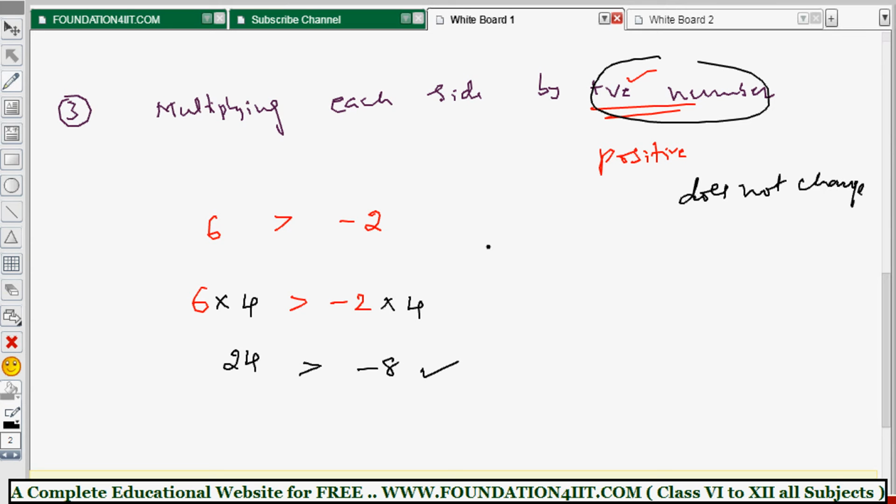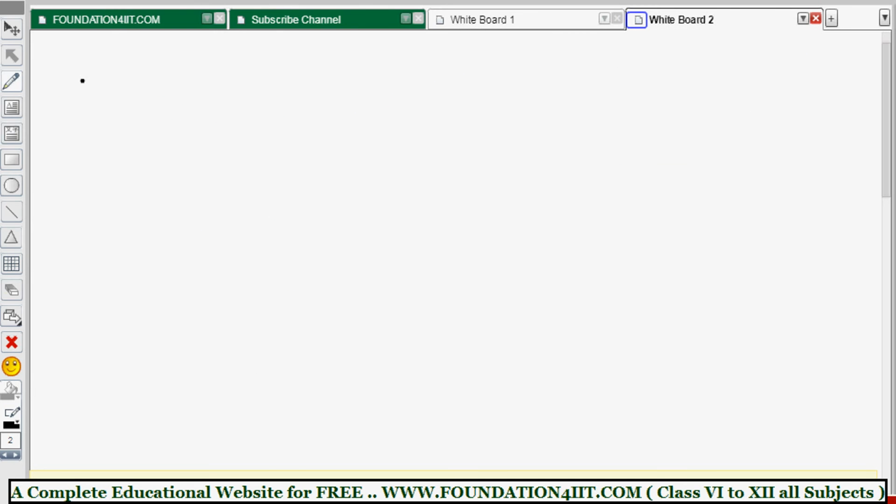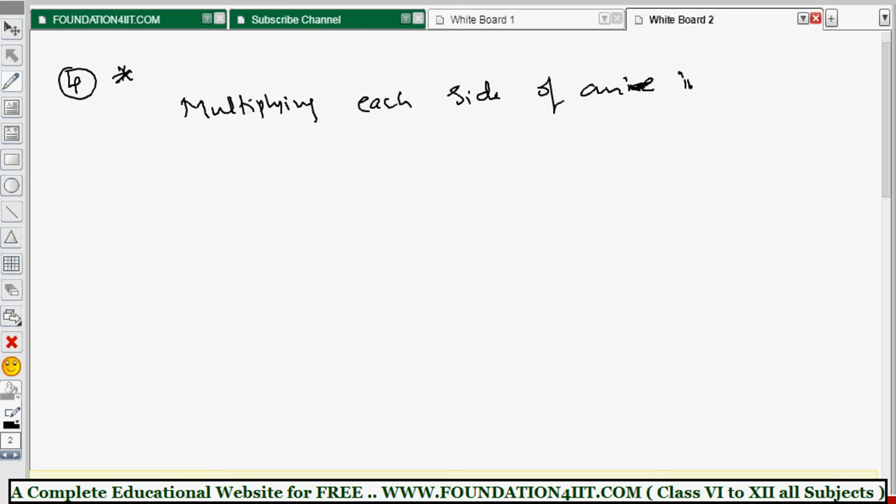That is one. And in the same multiplication case, you see the important property here. This is most important: multiplying each side of an inequality by a negative number, then reverse the inequality.